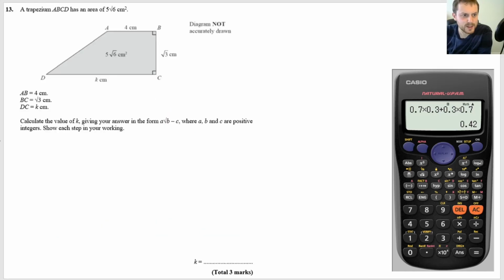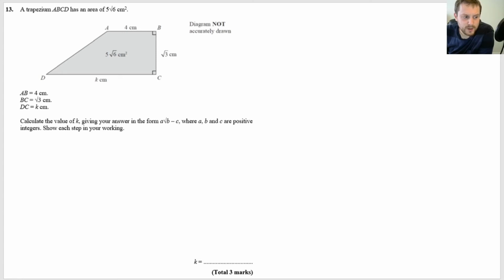Okay, so number 13. Back to a really hard one again. We've got a trapezium with an area of 5 root 6. We know its height, and we are trying to figure out what k is. As horrible as this looks, if you remember how to work out the area of a trapezium, you can at least get some marks on this.